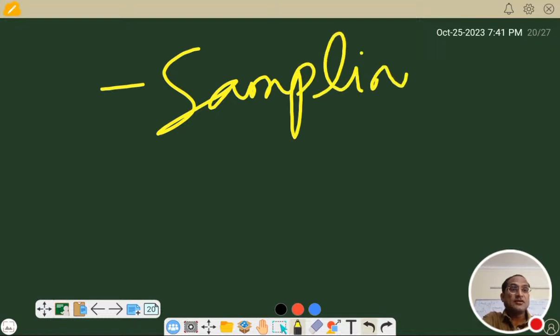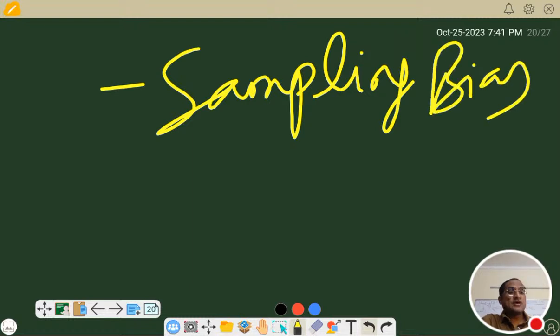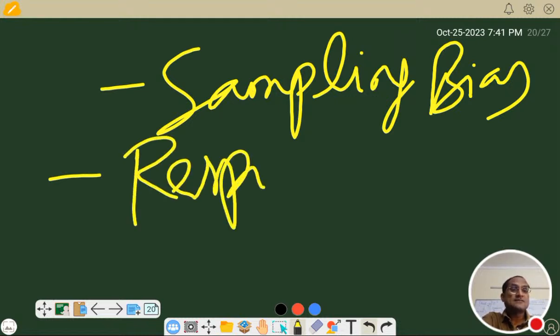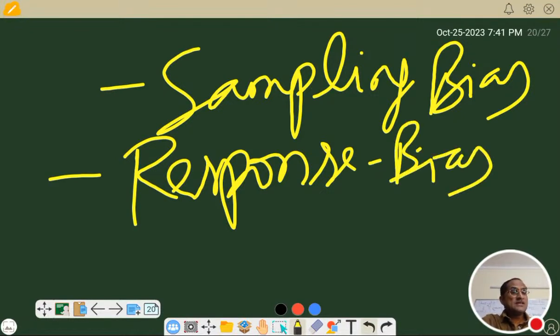Suppose the researcher belongs to Azamgarh district and wants to study the behavior of Azamgarh district, then it's a sampling bias. Then if you are asking a question, people may not be revealing their real attitudes or they may not be answering at all, and that will be called your response bias. What is response bias? Bias towards response. That is, they are not giving the right response which they should have.